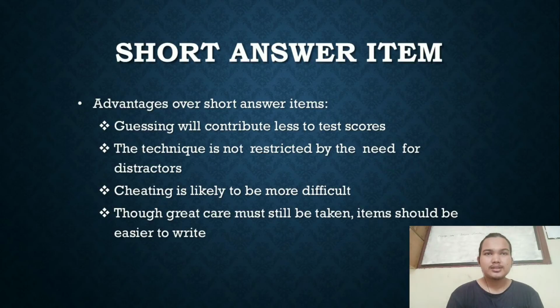The technique is not restricted by the need for distractors. Cheating is likely to be more difficult, though great care must still be taken. Items should be easier to write.